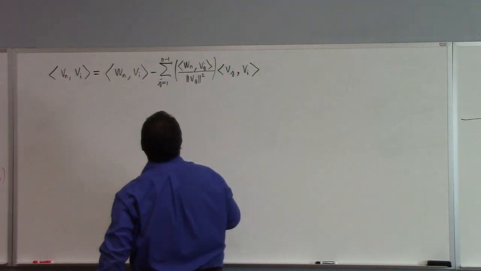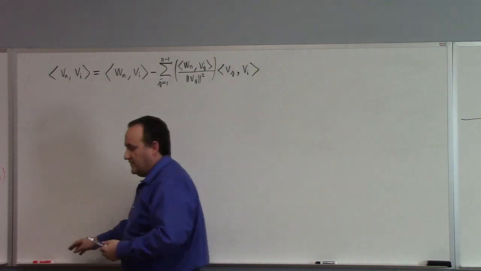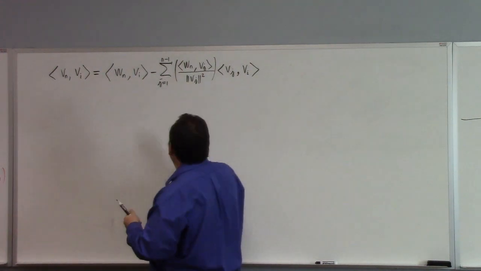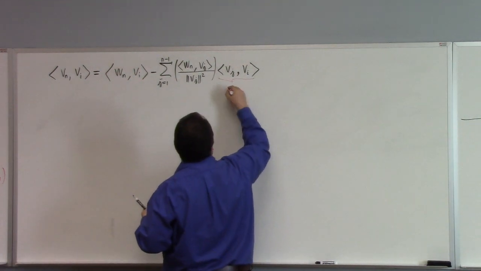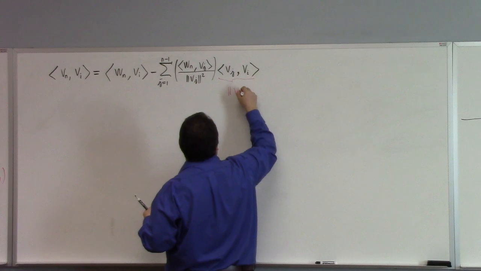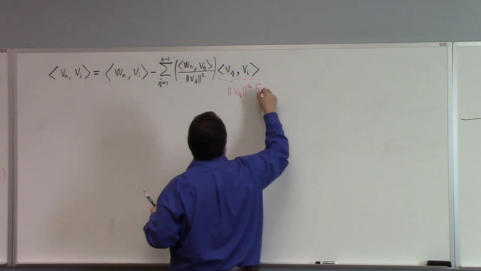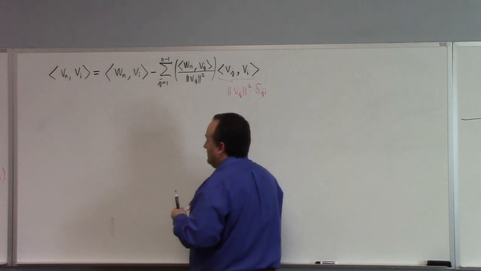All right. But remember, we are assuming by the induction hypothesis that these are orthogonal. So this is going to be the length of Vj squared times the Kronecker delta Ji, right?